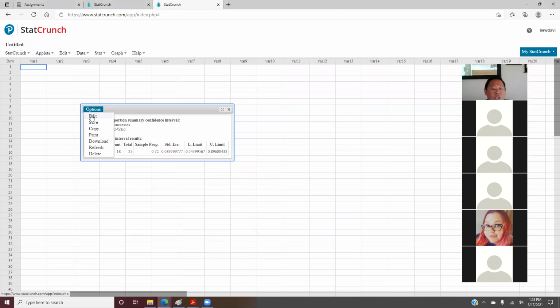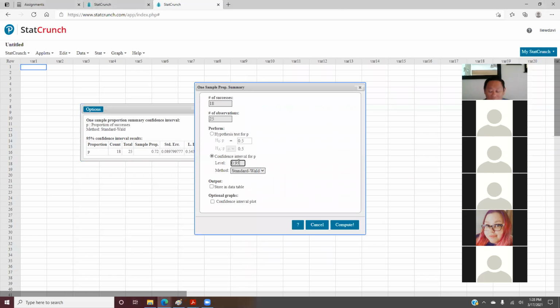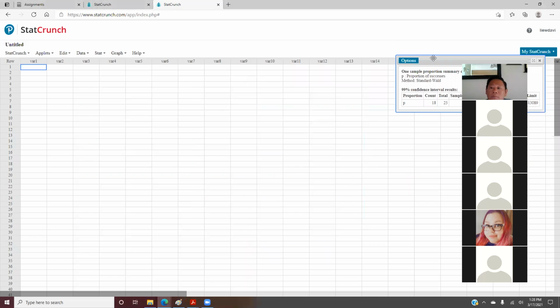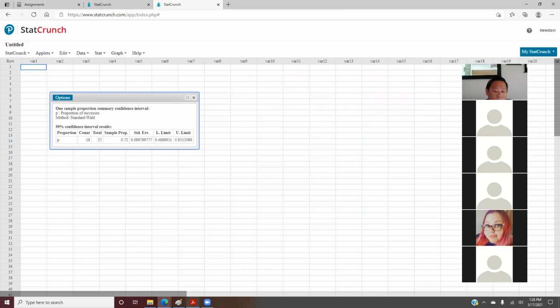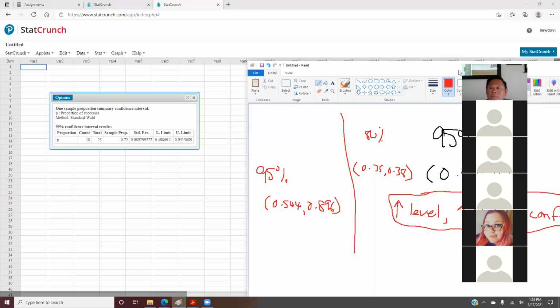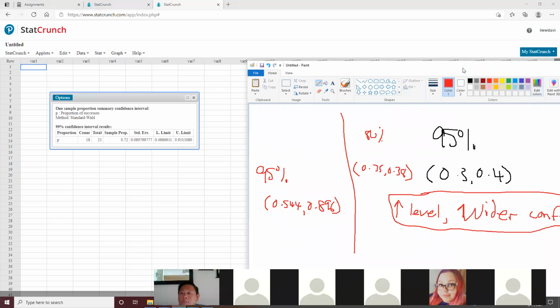So I'm going to change this to 99. What happens when I change this to 99%? Then it is 0.488 and 0.951. So this is actually wider, right?